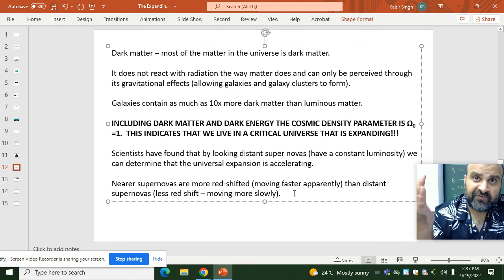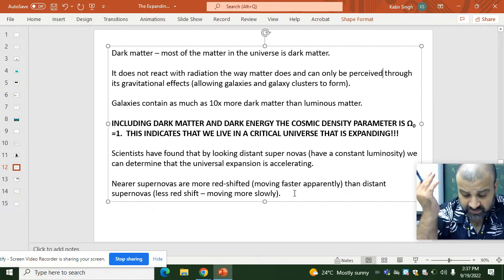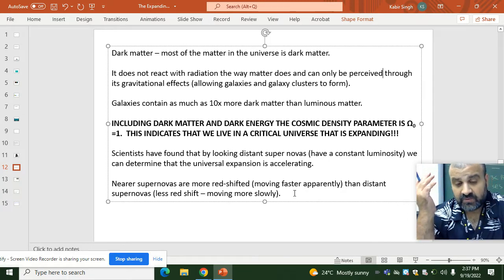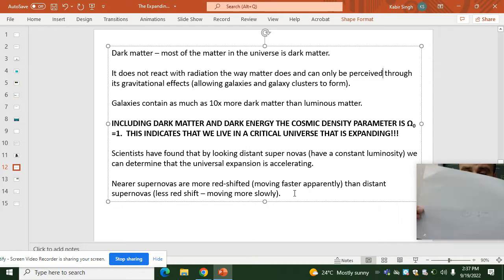A supernova 4 light years away, it only took that light 4 years to reach us. So, going back to this, the object far away, its light is older and it is less redshifted. The object closer to us is more redshifted.